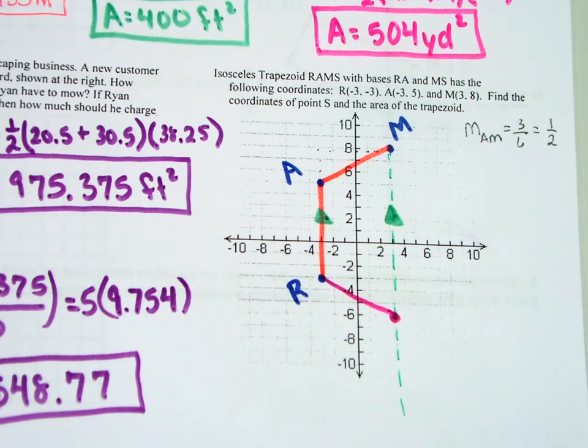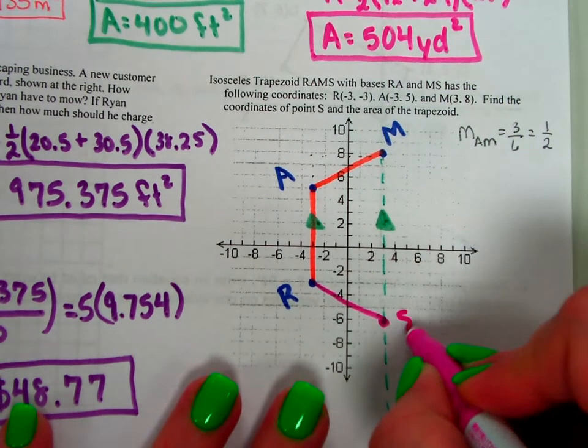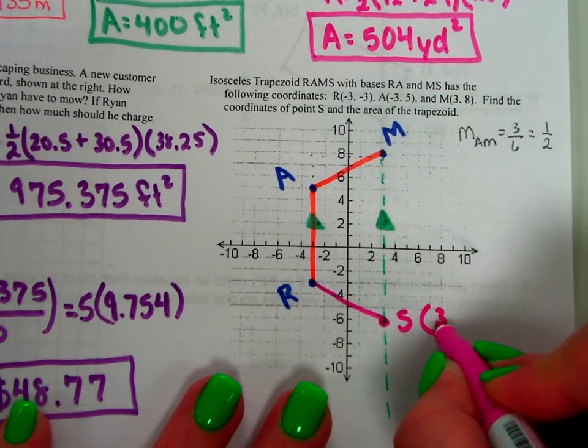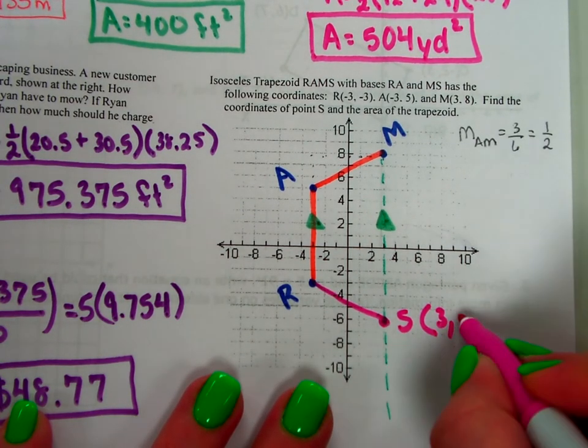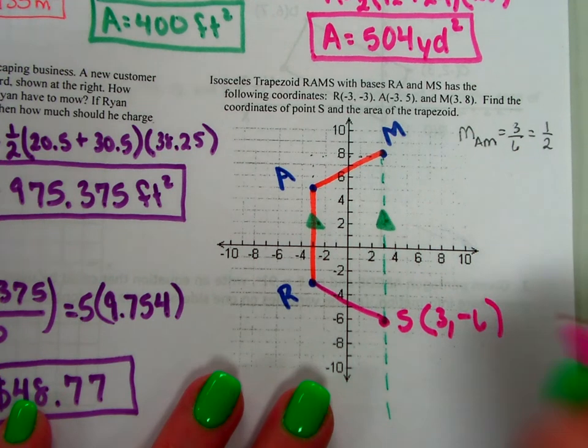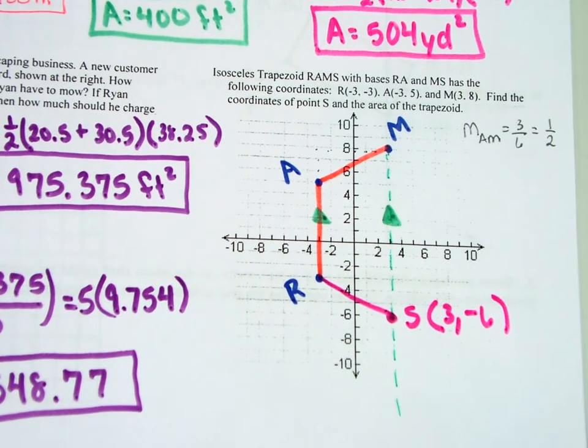They both kind of flare out the same amount, right? They have to have the same angle with RA. So S is going to be right here, which is going to be the point 3, -6.